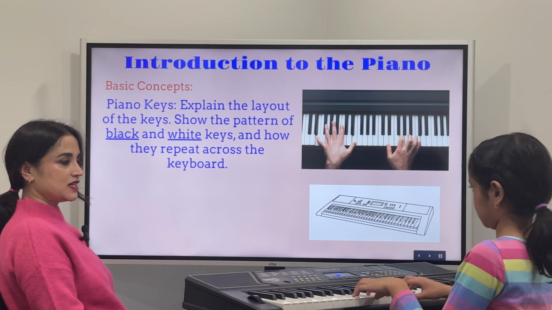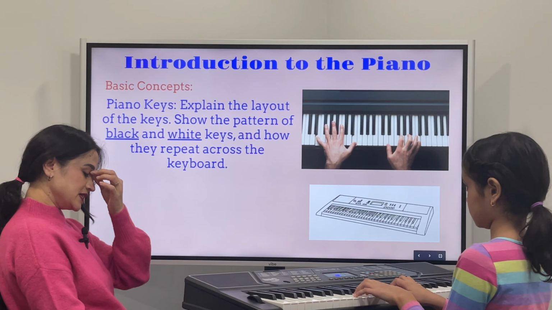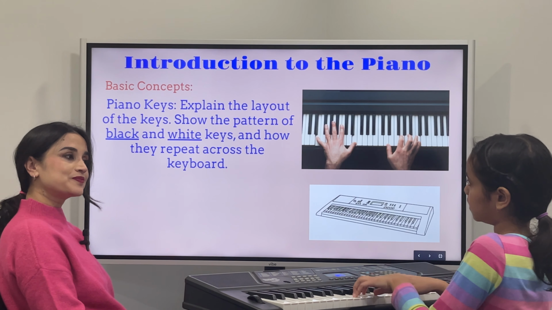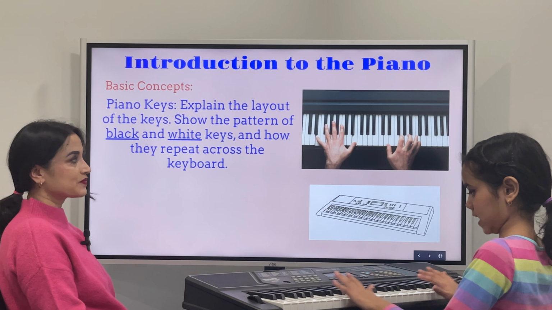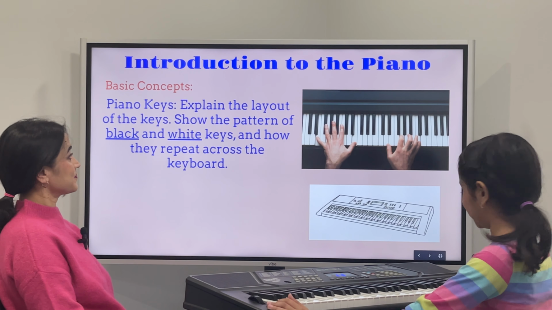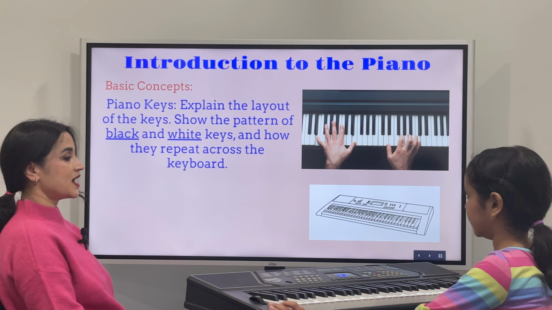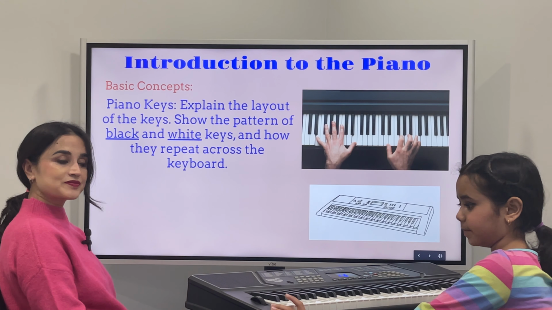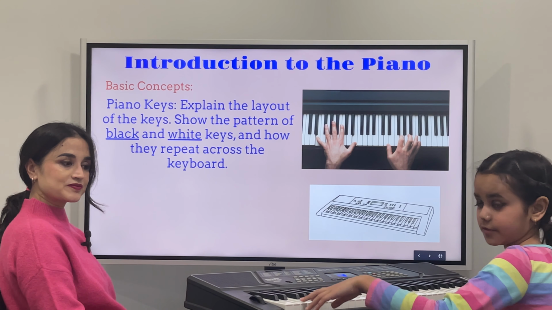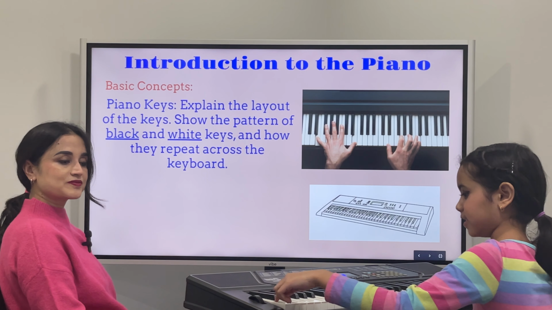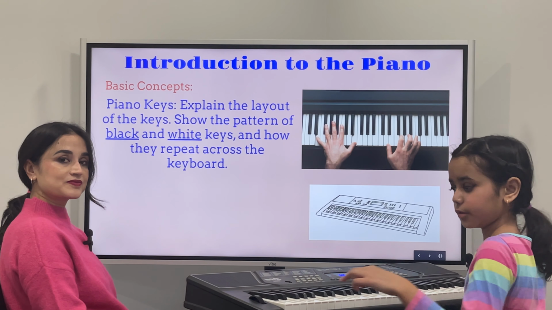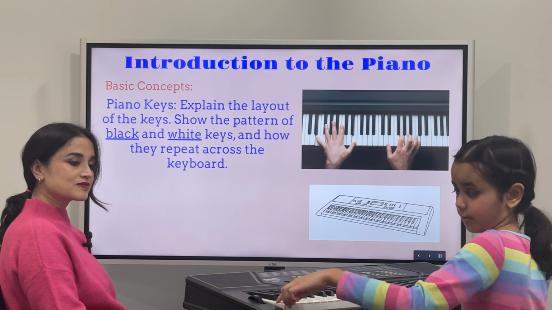Piano keys. What do you know about piano keys, Lina? These are all the keys in the layout. It has a pattern of black and white, but sometimes there are two whites. I'm starting with the two black keys over here.